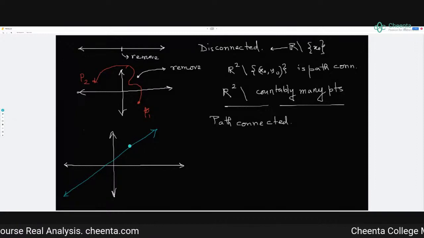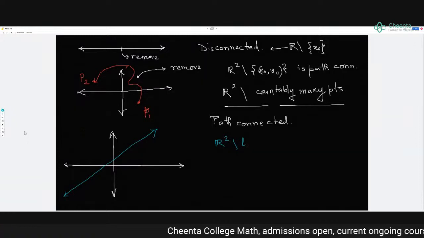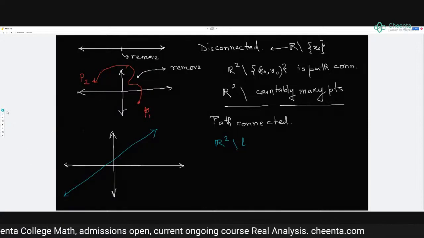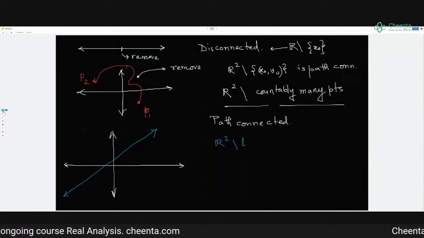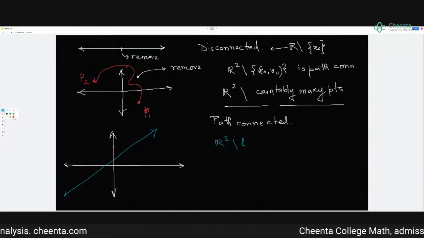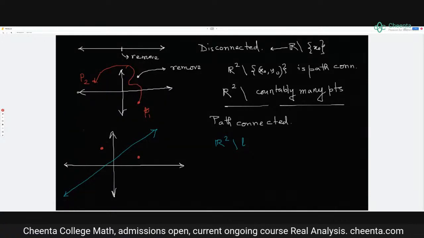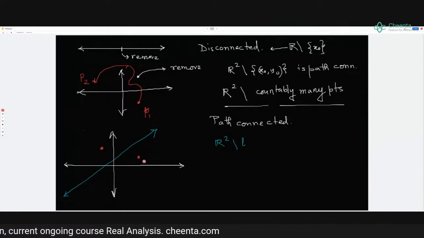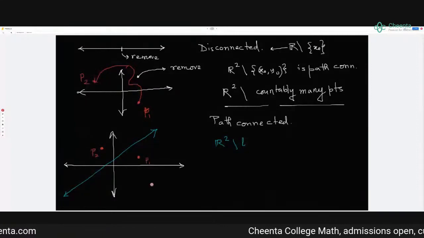So if I take R2 minus L, as you can see, it doesn't remain path connected, let alone connected. If you pick any 2 points, here and here, there cannot exist any path in R2 minus this line so that your P1 and P2 get connected, right?